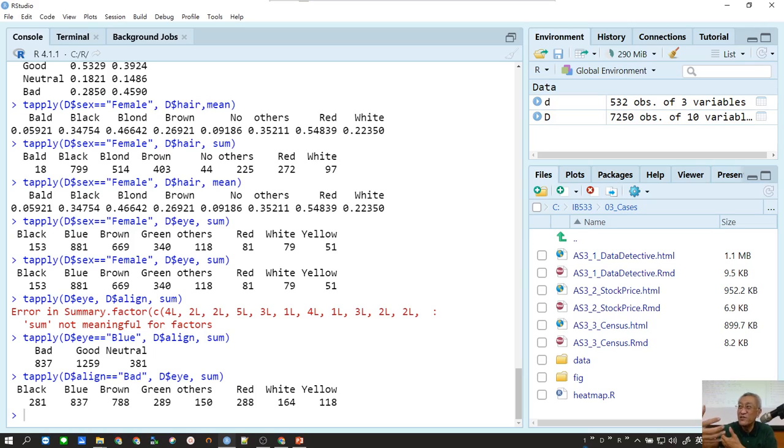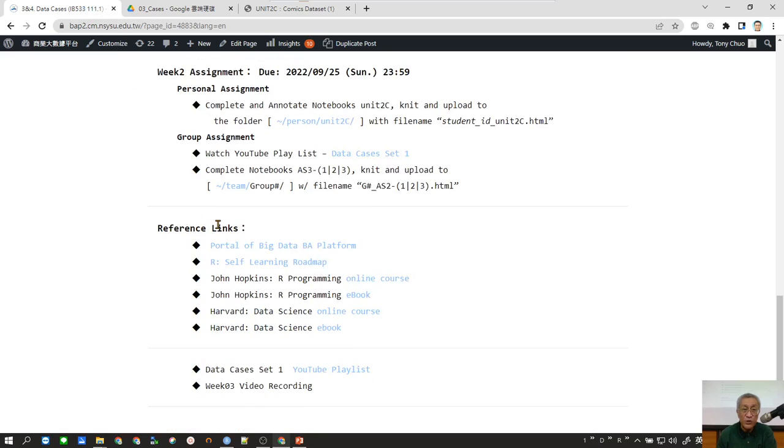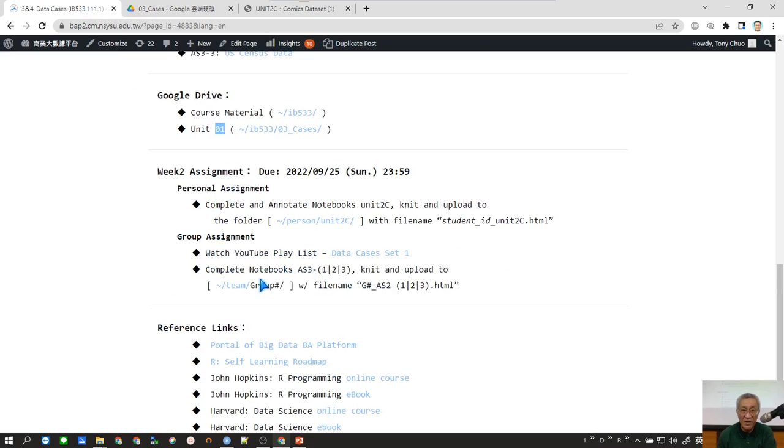So for these 3 data cases, using the programming technique that I already told you, in this week, I will give you a team assignment, okay? There is also a personal assignment, right? Just 2C things.